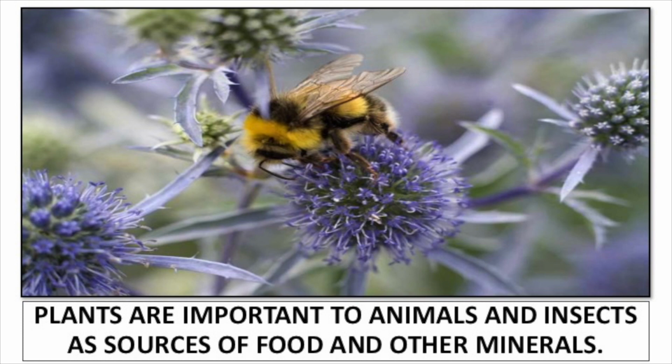A bee. What's the bee doing on the plant? Eating, yes. The plants have special things called pollen. And the insects feed off the pollen. And without the insects, the ecosystem wouldn't survive. So plants are another form of natural resource.